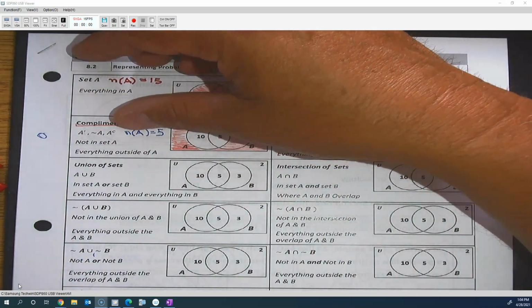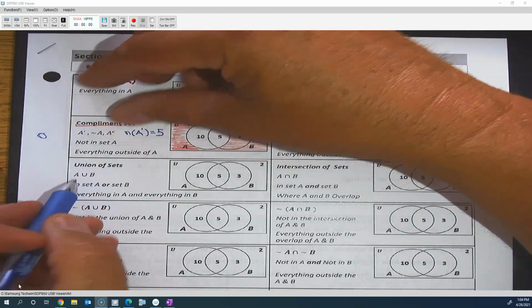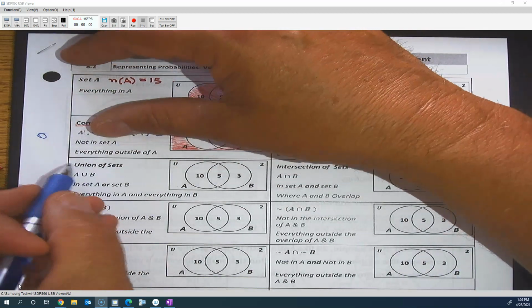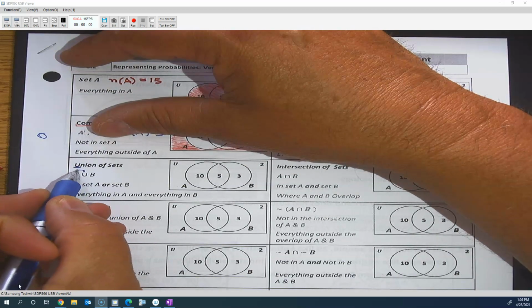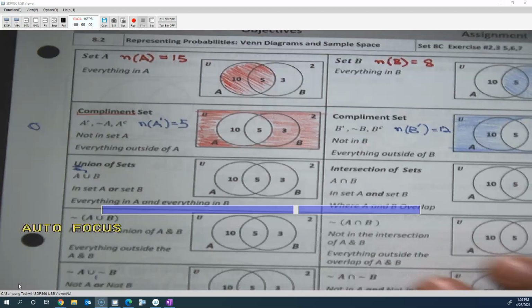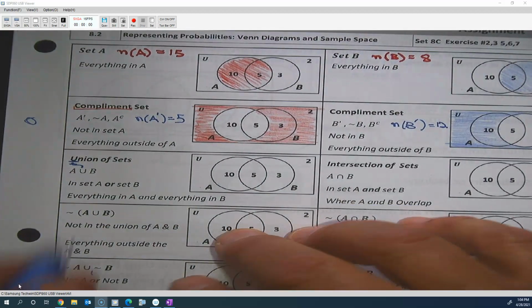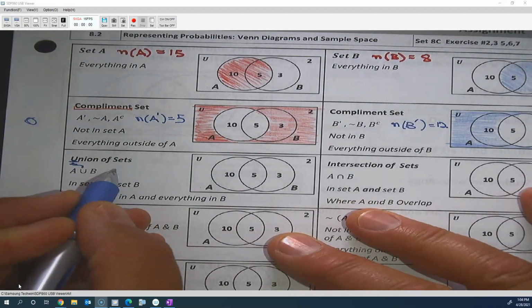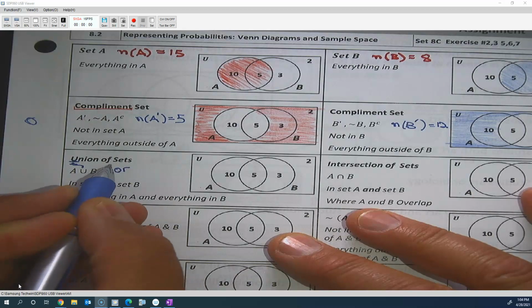If you look at the letter here, the U, that symbol right there just tells us that it's the union because it looks like a U. The word union is associated with the word or.